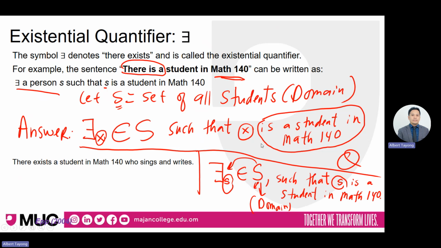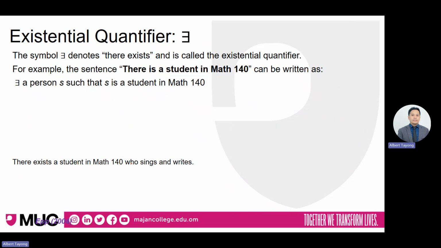Now, what is the difference of this? When we say there is a student in Math 140, and here there exists a student in Math 140 who sings and writes. These are actually similar, but here we will not be using such that. Here, the answer, let me write again for you not to be confused.